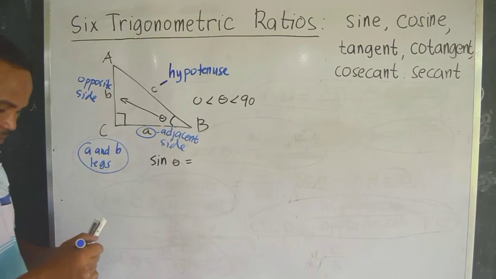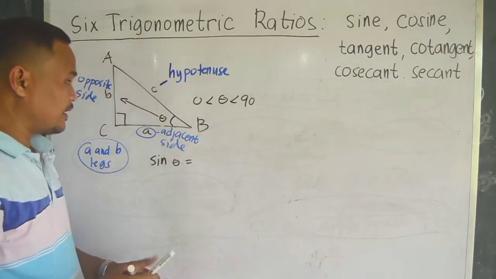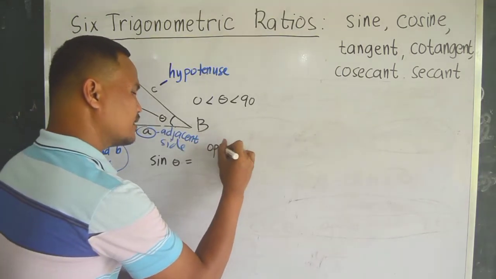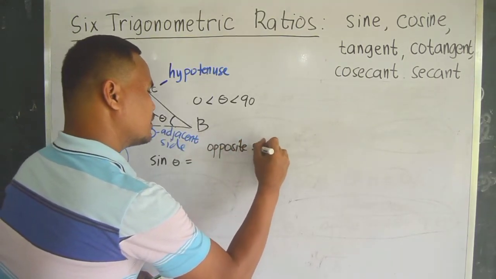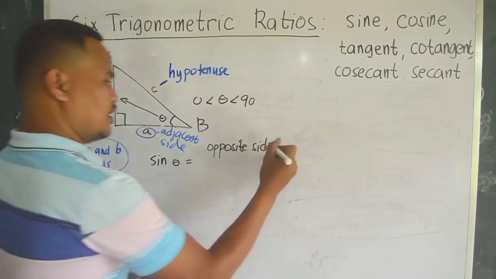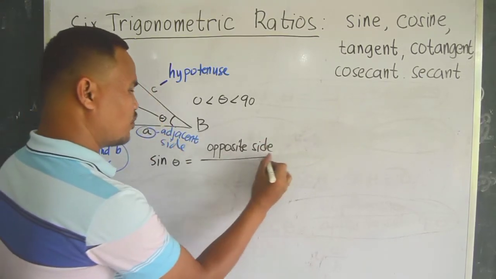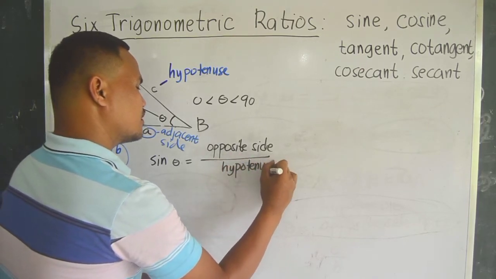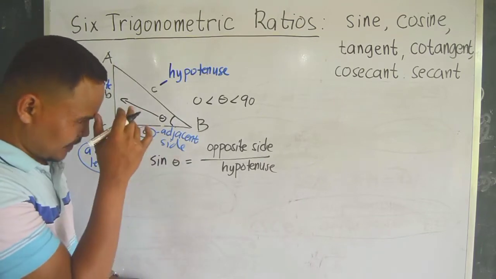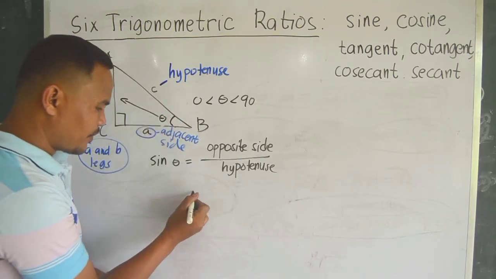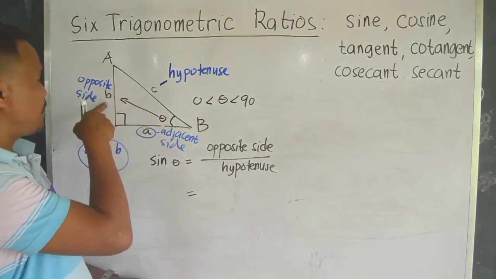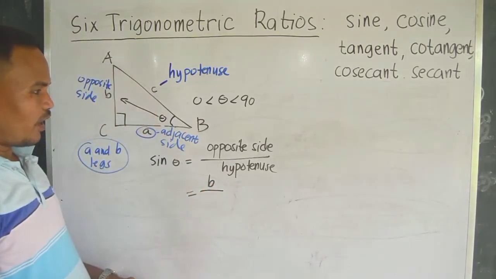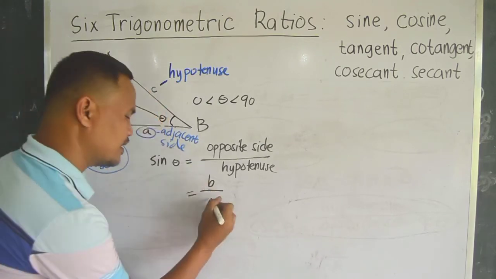So again, sine theta is the opposite side of the given angle theta over the hypotenuse. So in this figure, sine theta is B over hypotenuse C.